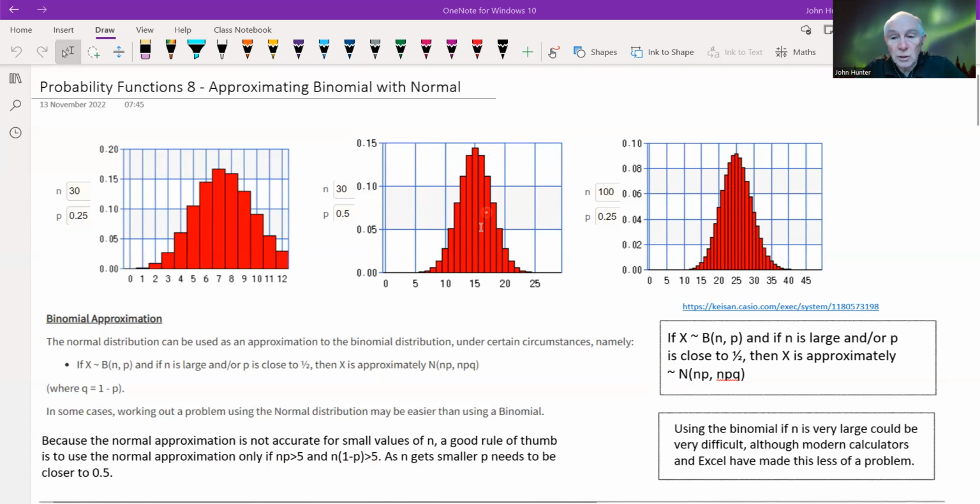You can see these two satisfy those criteria, but that's not necessarily always true. This one probably does, but it wouldn't be a very good approximation. So once n gets bigger and p gets closer to 0.5, we're going to get a much better approximation.